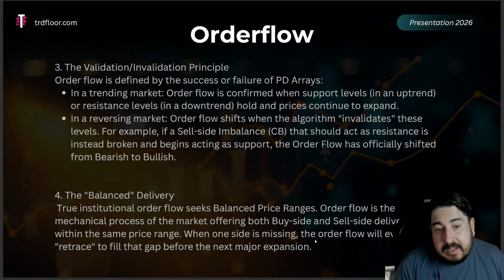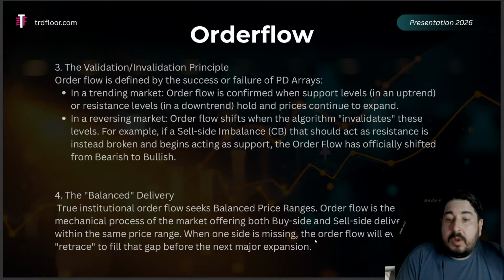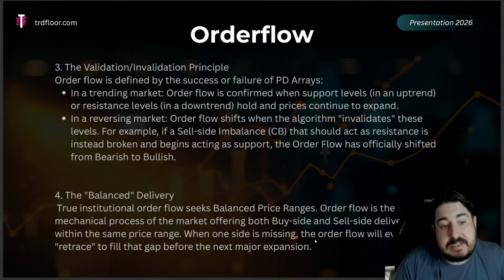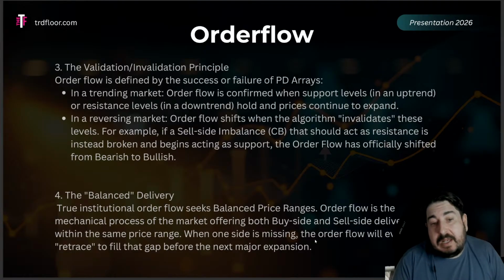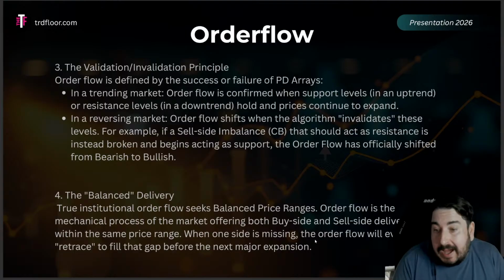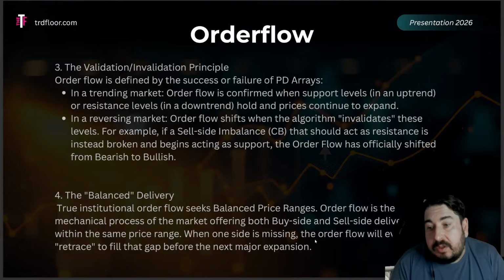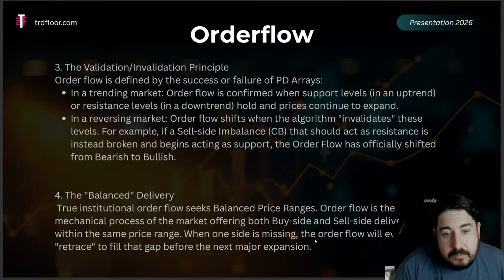In a reversing market, order flow shifts when the algorithm invalidates these levels. For example, if a sell side imbalance that should act as resistance is instead broken and begins acting as support, the order flow has officially shifted from bearish to bullish.